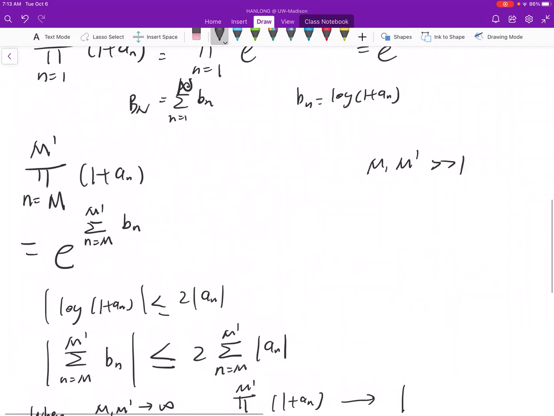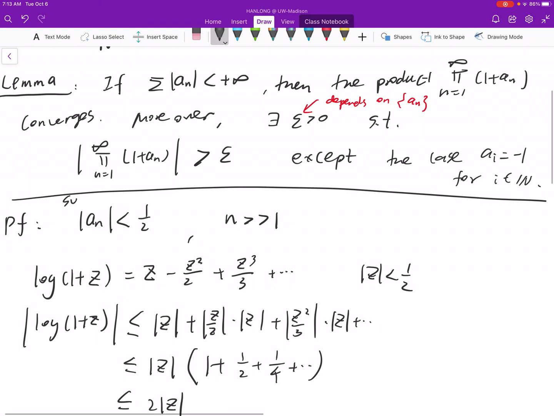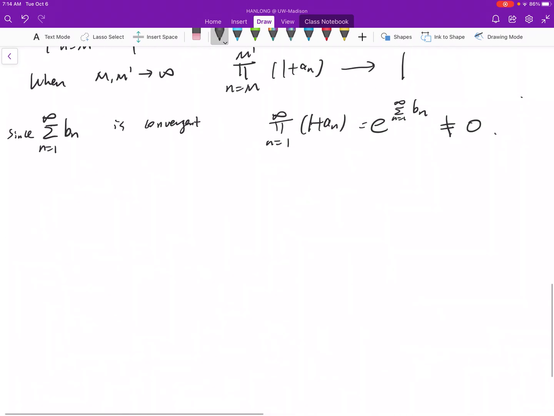Of course, here we need to assume at the very beginning that ai is different from -1 for all i from 1 to infinity. Otherwise, the product is just 0, which holds trivially.